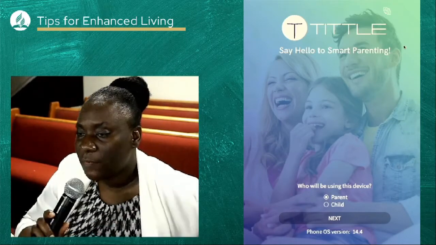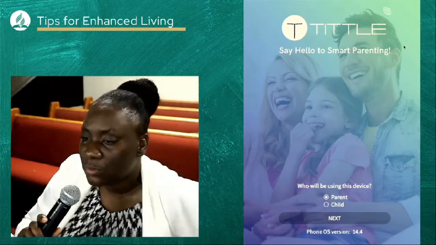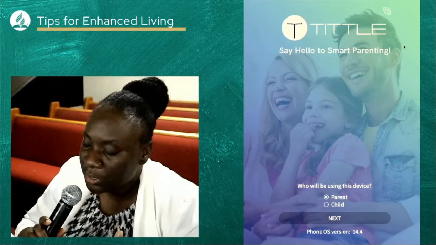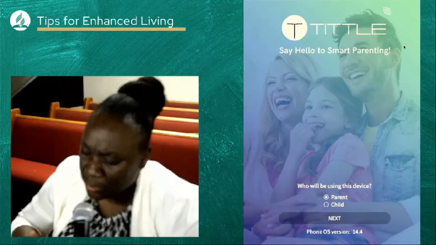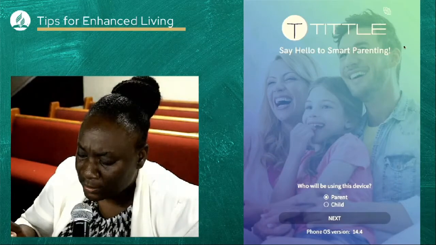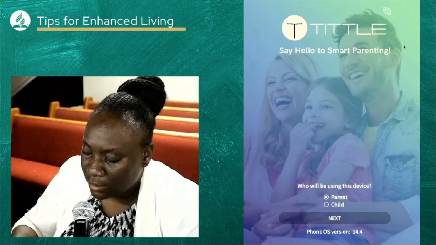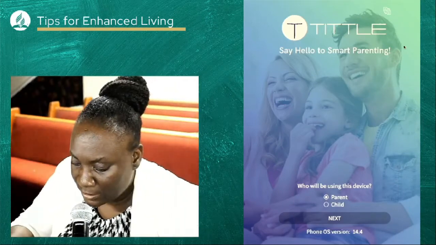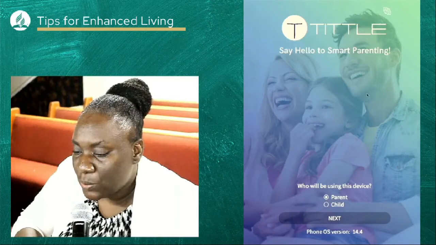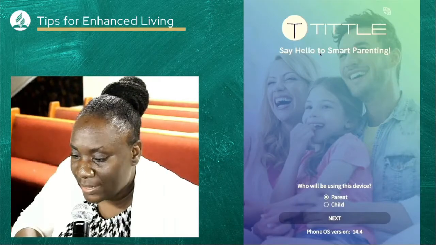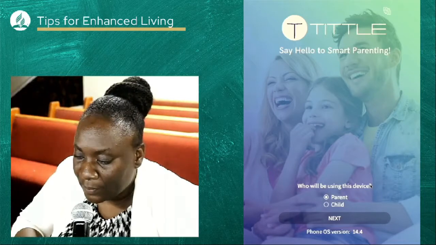So this is one of the ways to monitor your child's screen time, especially a very young child, because you want to make sure that he has a balanced setting. Not all the time is spent on devices, but the child is able to explore his environment and learn. Once you have downloaded the application, you want to choose who is using the app.